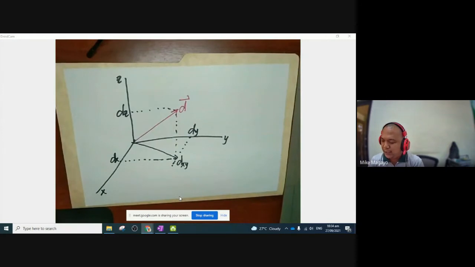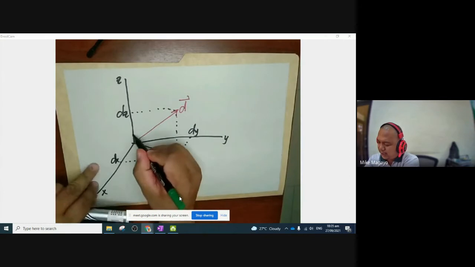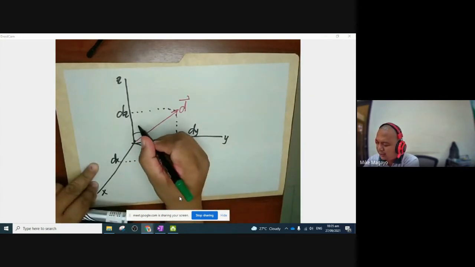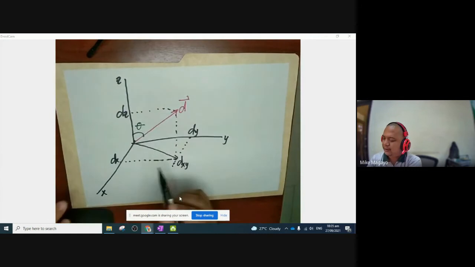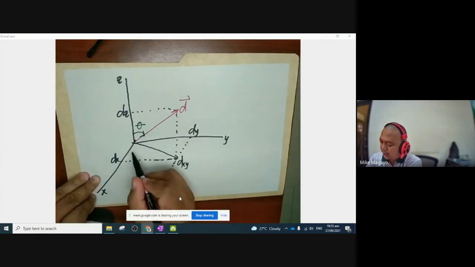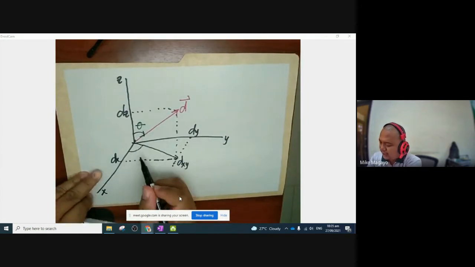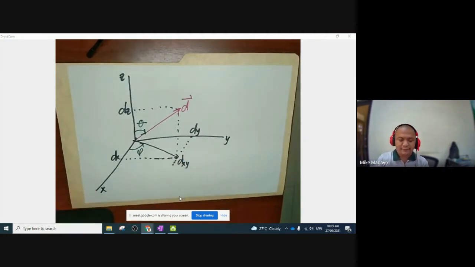Again, the important thing is you should know the angle. You could not proceed later with the calculations if you have no sufficient information. So in this case, let's have an angle theta, tawagin natin angle theta. And then you have another angle here from the x-axis towards the vector, and I'll call that angle phi.